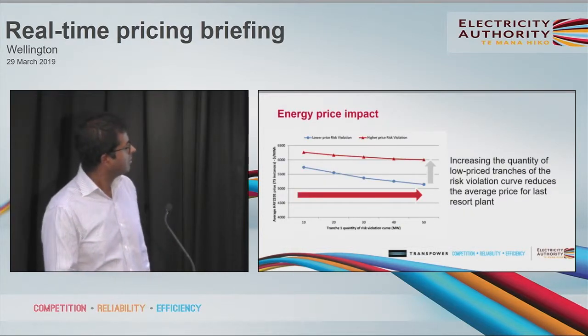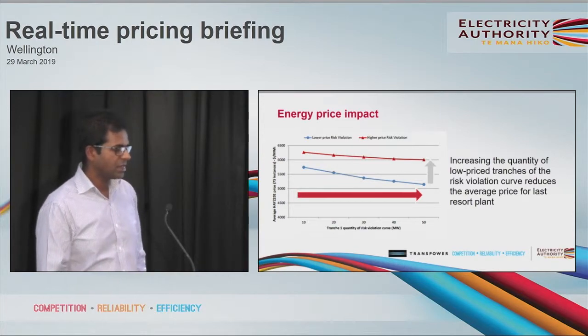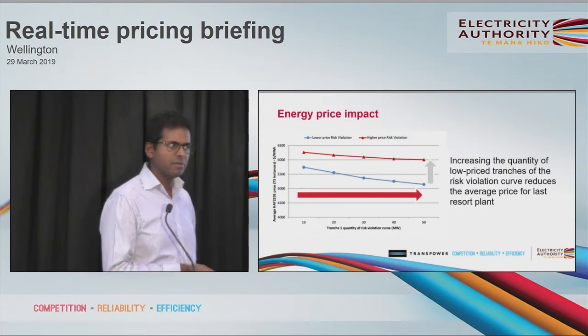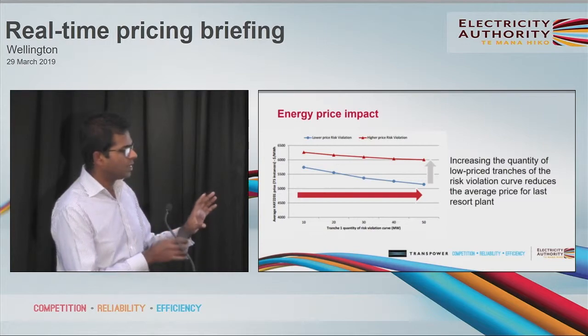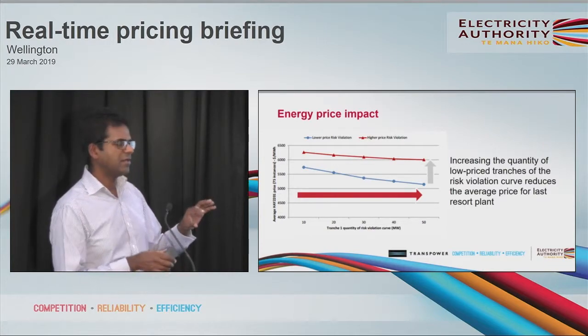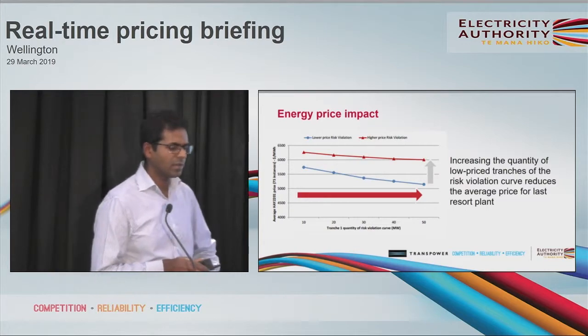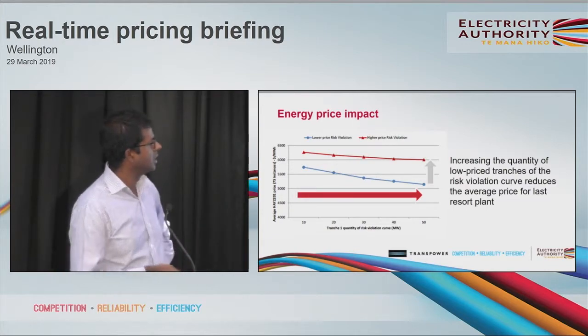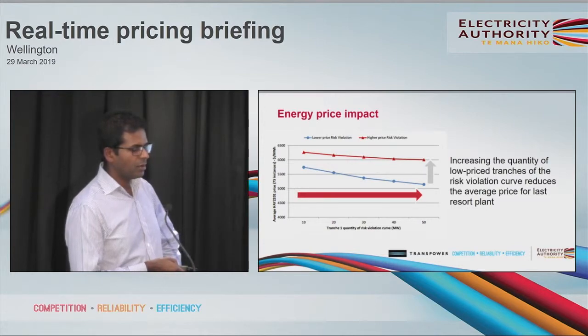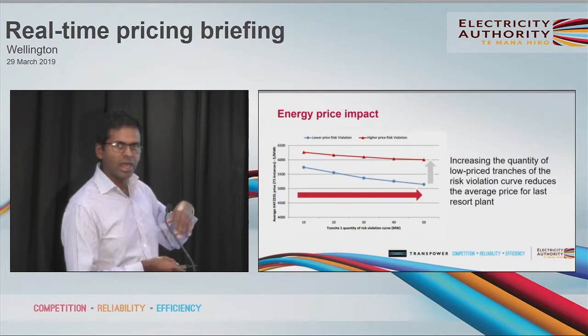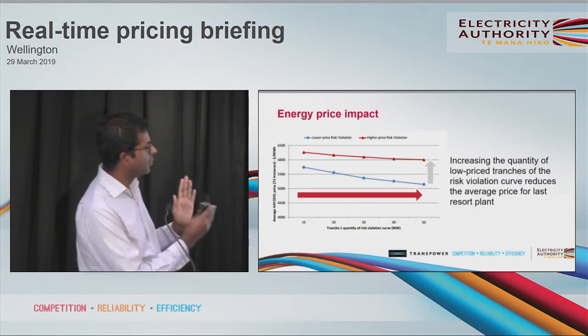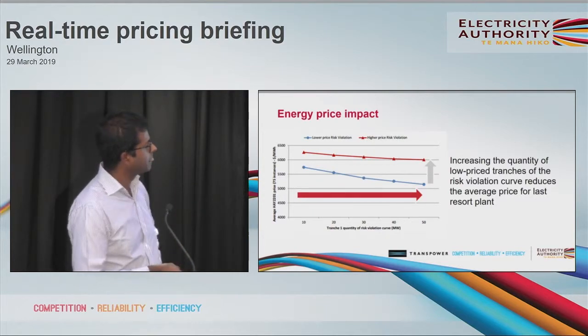In terms of the price impact, this was really to see if this is going to send efficient investment signals, and what prices come out of this on average, depending on whether you use a curve with a higher price or a curve with more tranches or wider tranches.